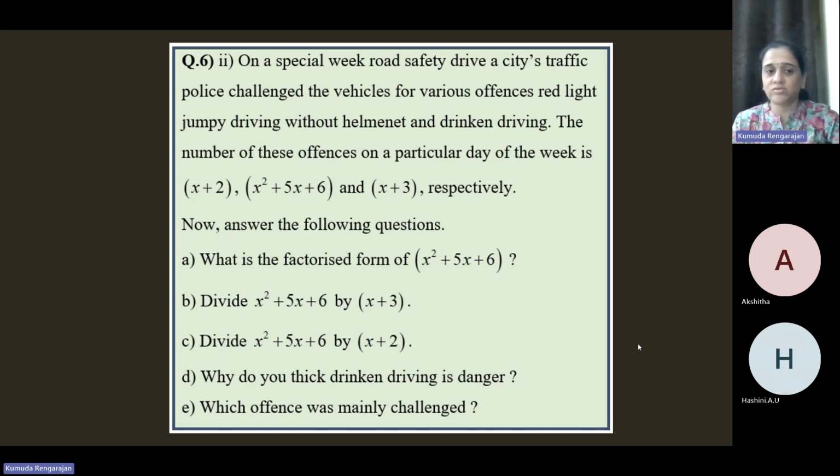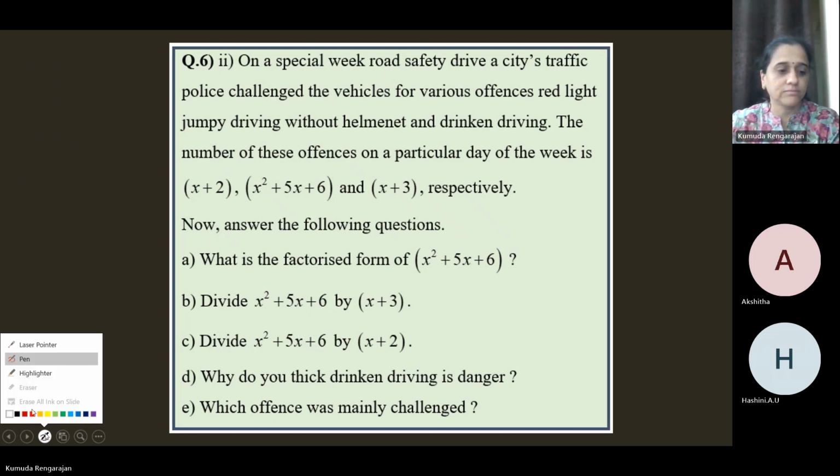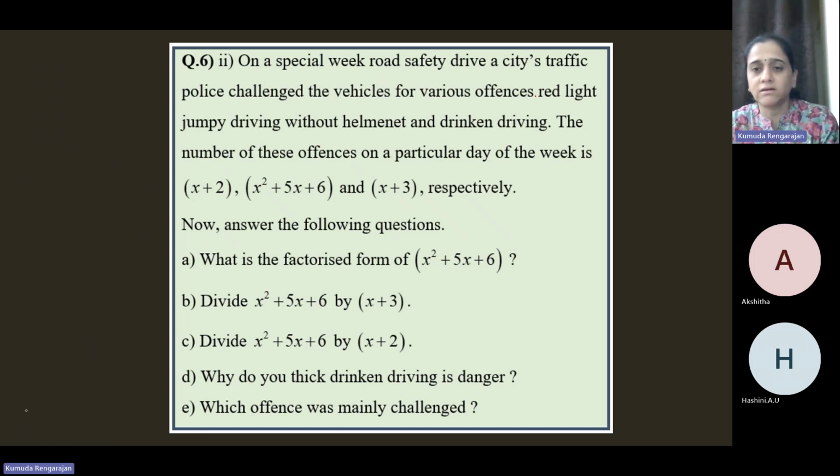There's a red light, you're supposed to stop, but you jump it. So red light jumping, driving without helmet, and drunken driving. You're drunk and you're driving.